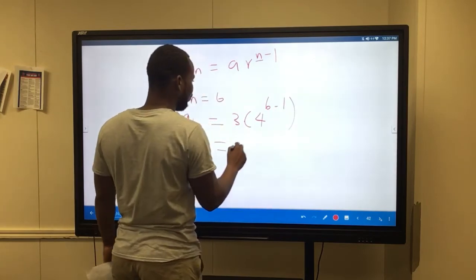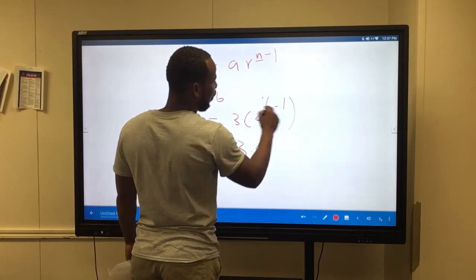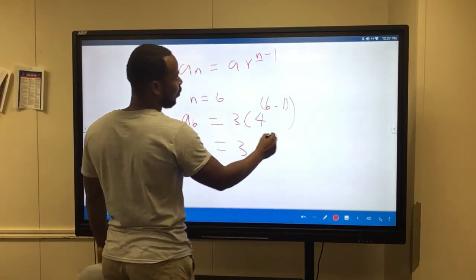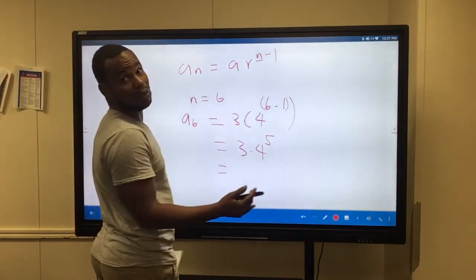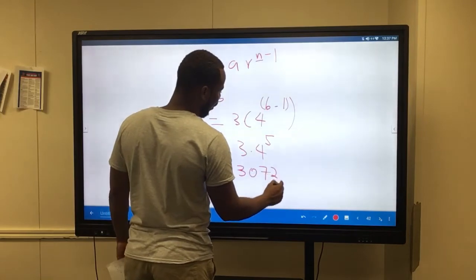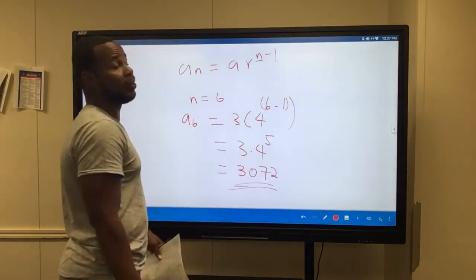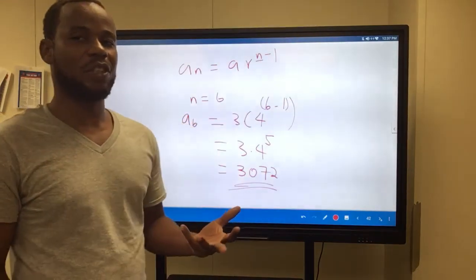This will be equal to 3 times 4 raised to the power 5. Remember, 6 minus 1 is 5. Put this into your calculator. The answer to that is 3072. That's pretty straightforward. So that is how we find the nth term of a geometric sequence.